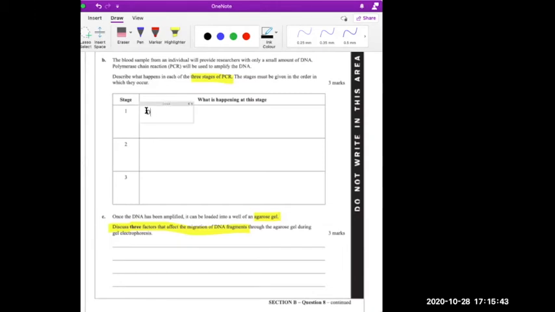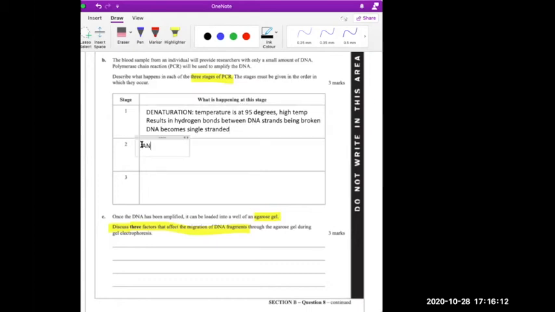Stage 1 is denaturation. So your temperature is at 95 degrees, and then high temp results in hydrogen bonds between the DNA strands being broken, DNA becomes single-stranded, right?